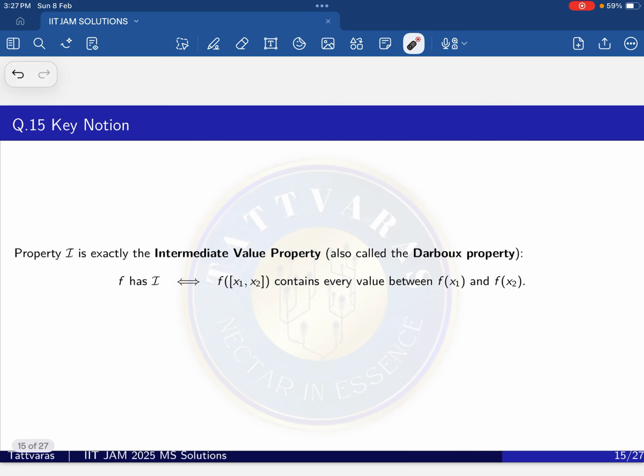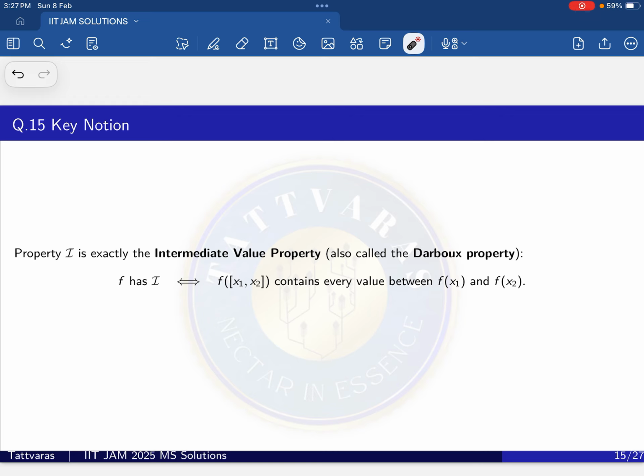So what are the concepts and notions that are required? Property I is the intermediate value property, as I said, and it is also called the Darboux property. This term is very much used and taught in real analysis. The Darboux property is very closely related to the intermediate value property.